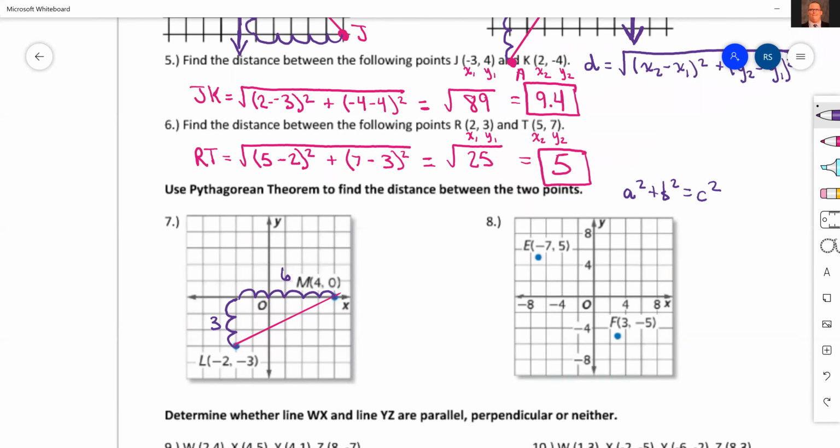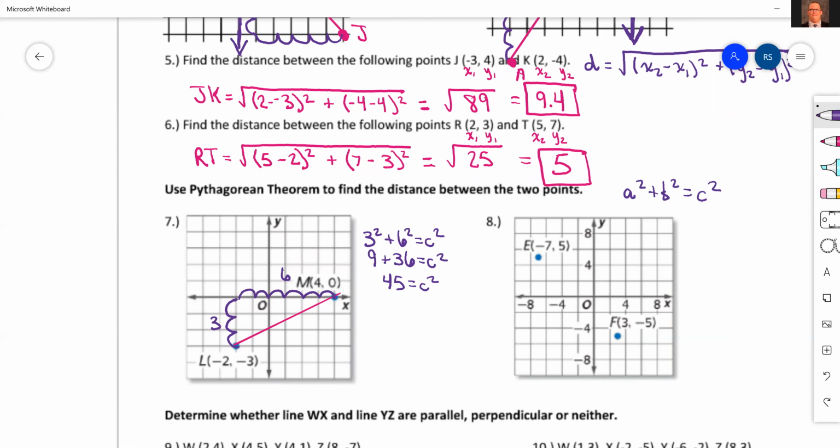So that 3 and that 6 are what I'll plug into A and B. I'll have 3 squared plus 6 squared equals C squared. 3 squared is 9. 6 squared is 36. 9 plus 36 is 45.